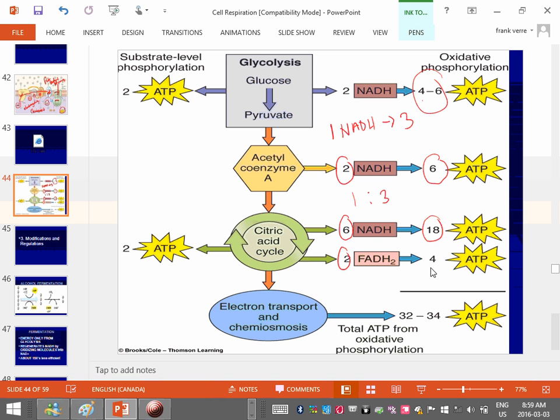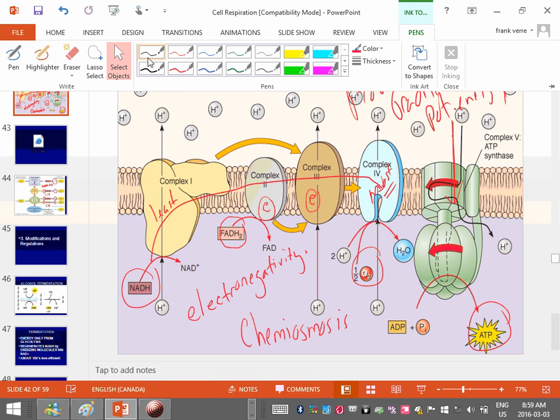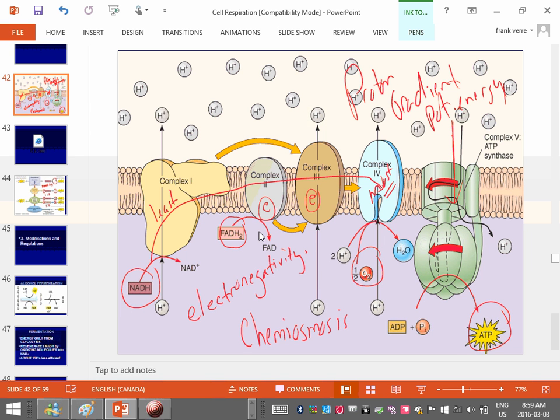FADH2 gives you not a 1 to 3 ratio, it gives you a 1 to 2 ratio, okay? Why does FADH2 give you less energy than NADH? Think about where FADH2 drops its electrons. See how it actually skips this complex over here?